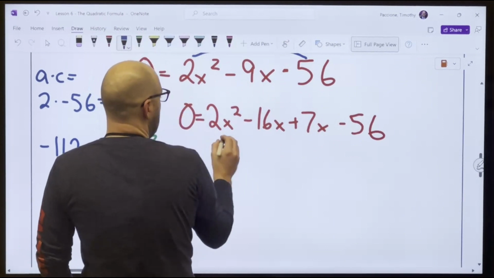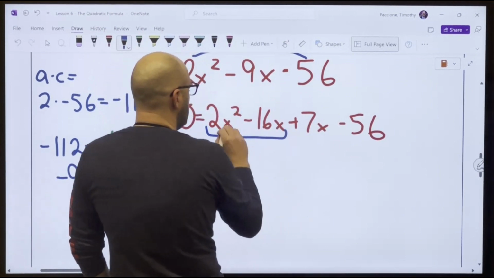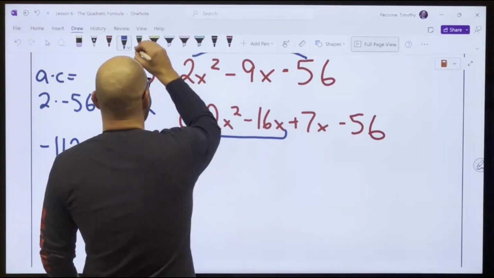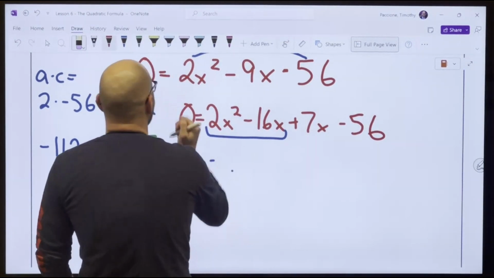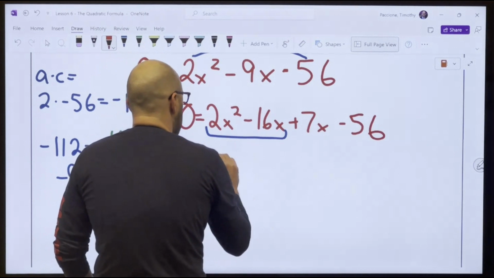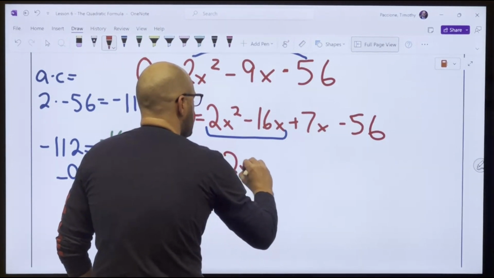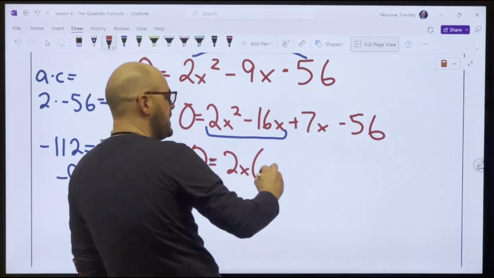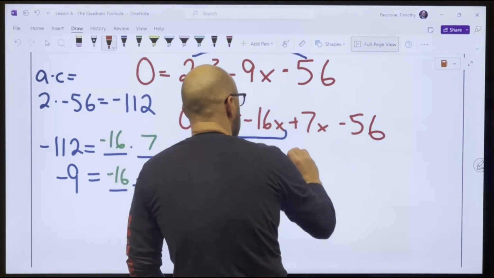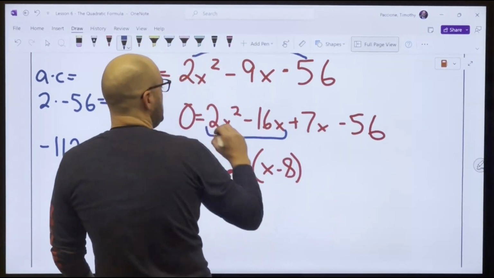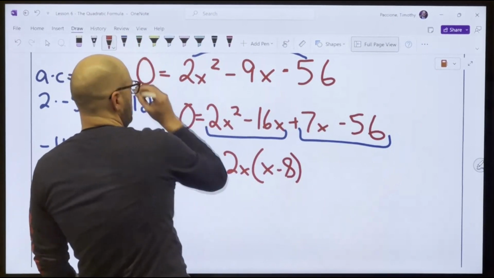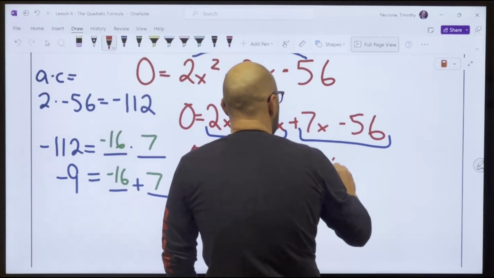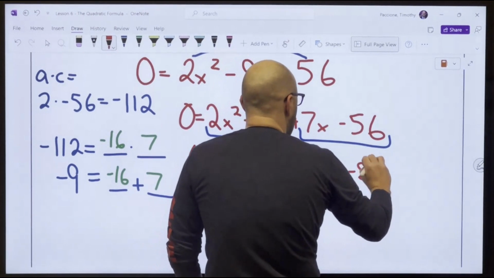So I say, okay, in this first situation, the GCF is 2x. So 0 equals 2x, and then divide them both by 2x, I get x minus 8. In this situation, the GCF is just 7. So I say plus 7, x minus 8.